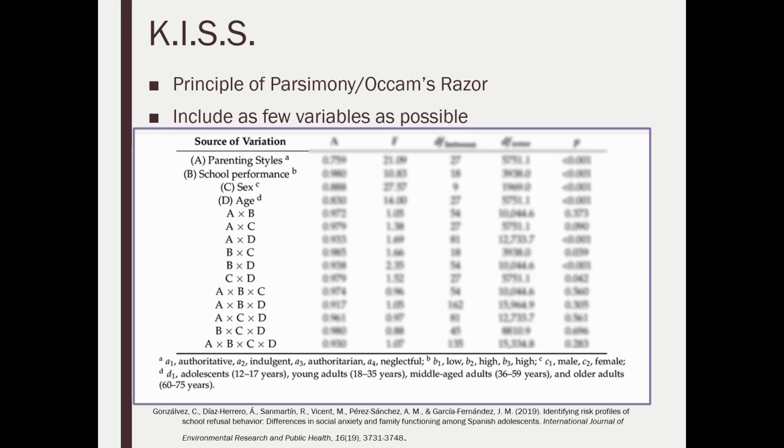So we end up with all these possibly very nuanced groupings. And this is at the bottom there, that four-way interaction.